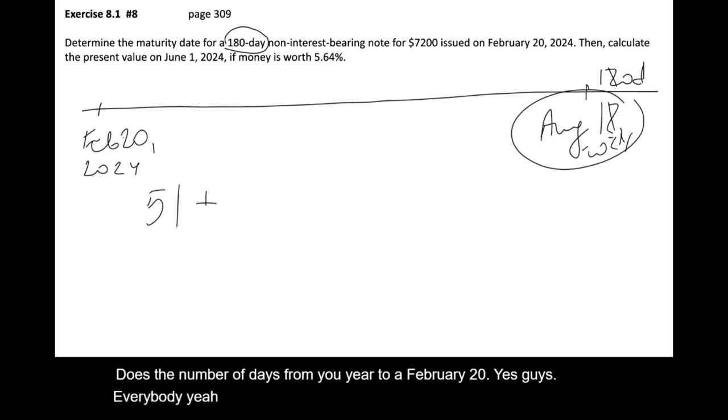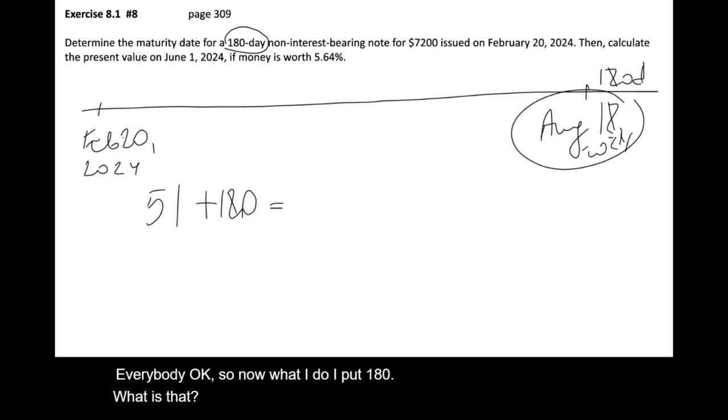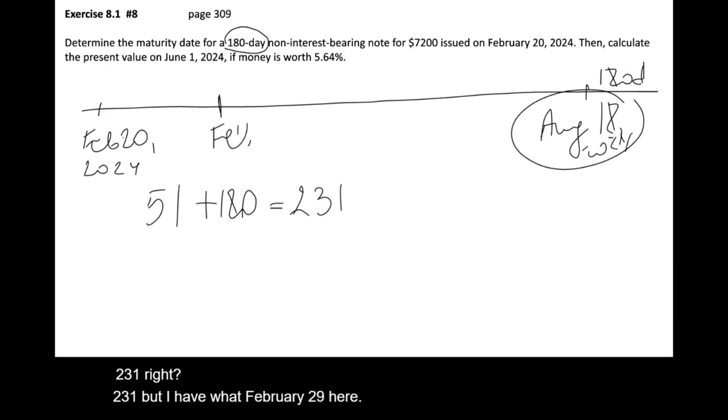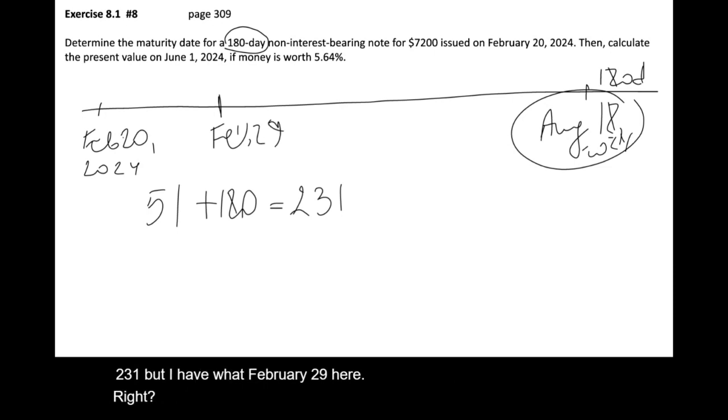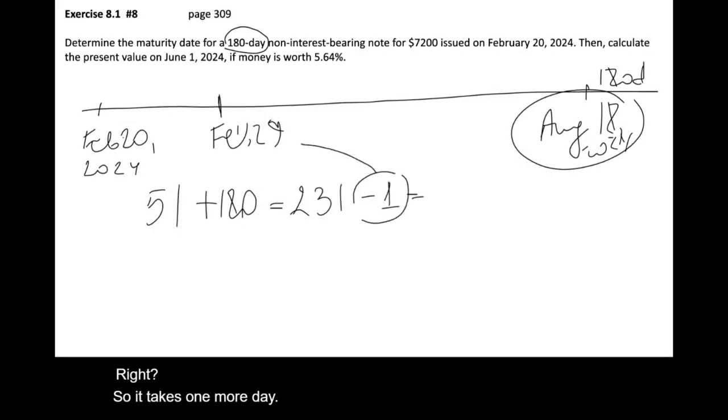Okay, so now what I do, I put 180 to 231, right? But I have February 29 here, right? So it takes one more day. So that's why I take one day away. So 230.